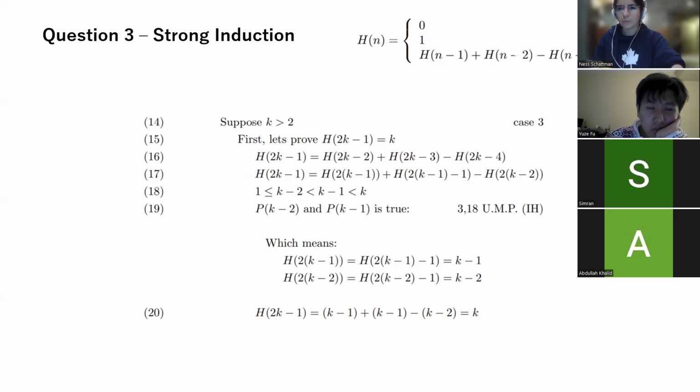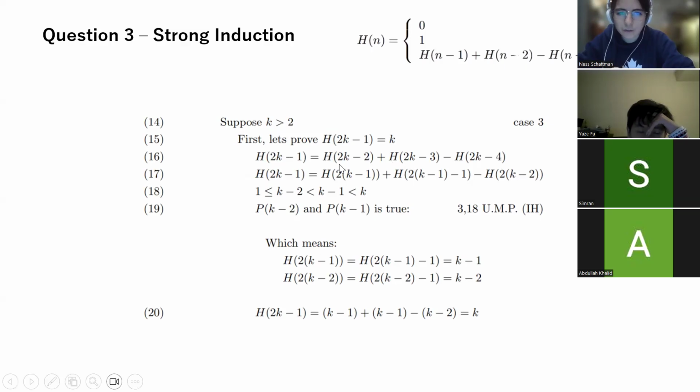The first thing we're going to do is plug this into our equation and expand this out. So we get h of 2k minus 2 plus h of 2k minus 3 minus h of 2k minus 4. At this point, if we look at all these terms on line 16, we notice it's easy enough to factor out this 2 from them.